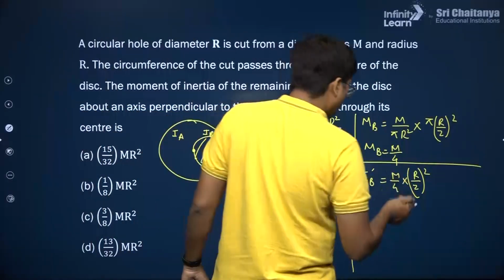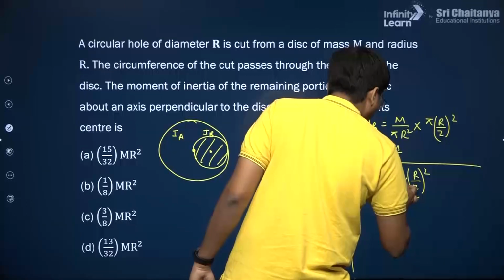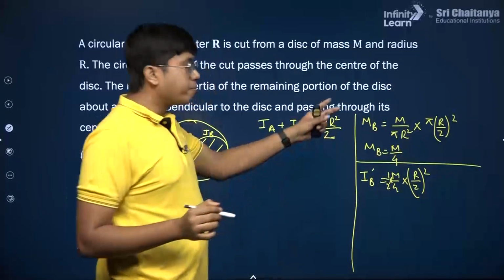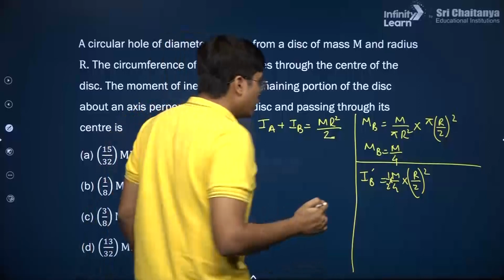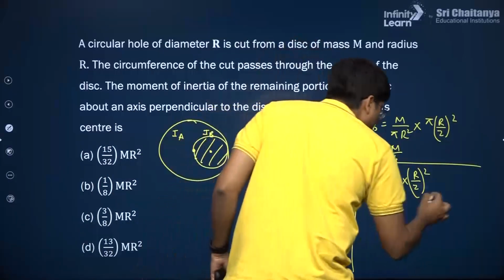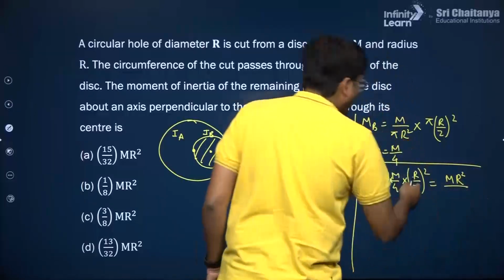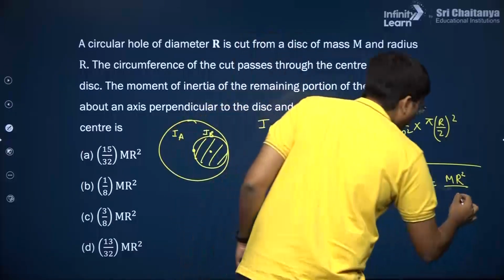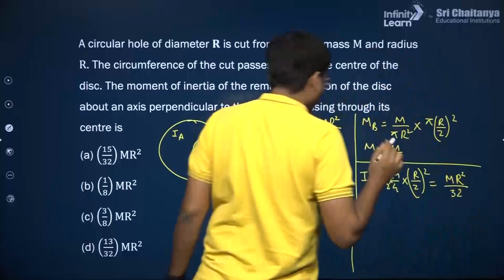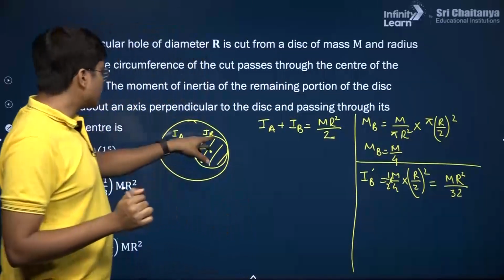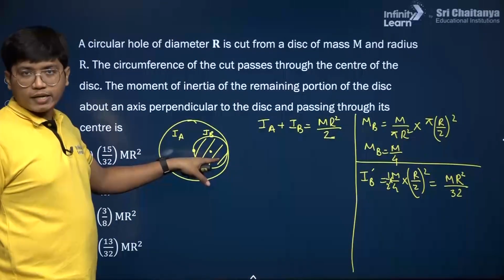There will be a 2 factor also here, because formula is half MR square. So half into M by 4 into R by 2 whole square. So that makes it MR square divided by, you have 4 into 4, 16 into 2, MR square by 32. This is the moment of inertia of this piece about its own center.